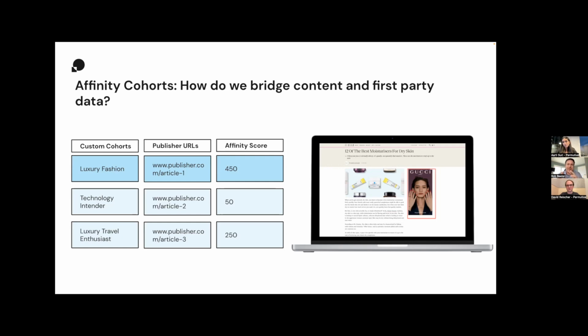And then I'm able to, for example, create a luxury travel enthusiast audience because they index well against this particular content, and it has nothing to do with the user, it's all about this page. I think I got it, David. I think I'm getting this. Spot on. Love your summary.